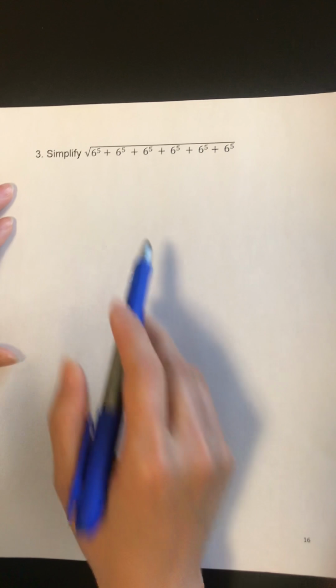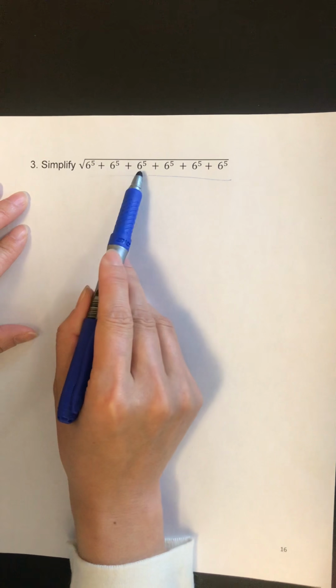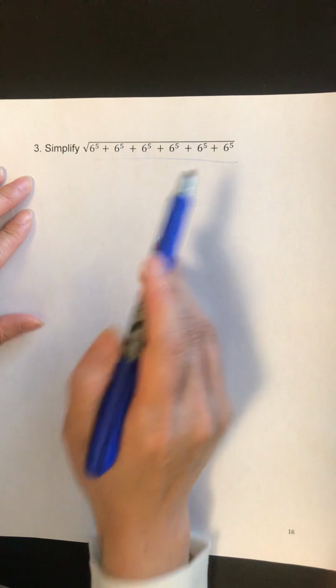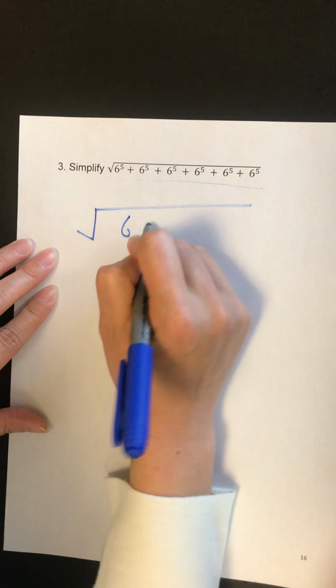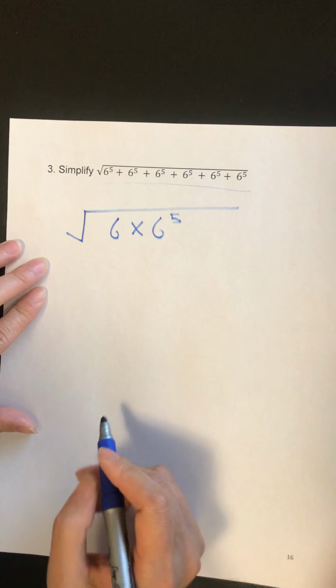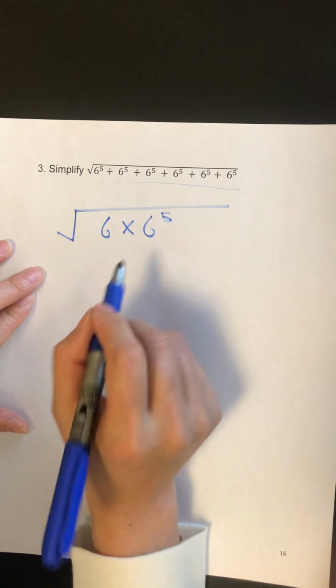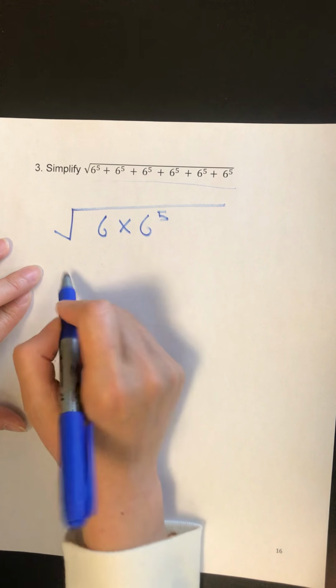Okay, last one. Simplify this form. Inside we have the square root of 6 multiplied by 6 to the power of 5. Remember I said earlier, in multiplication, we add up the exponents.